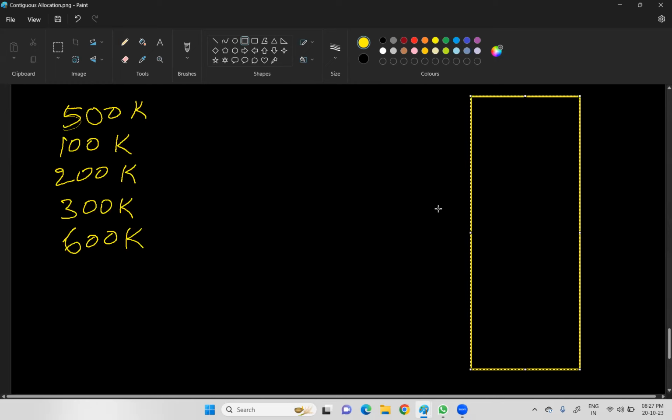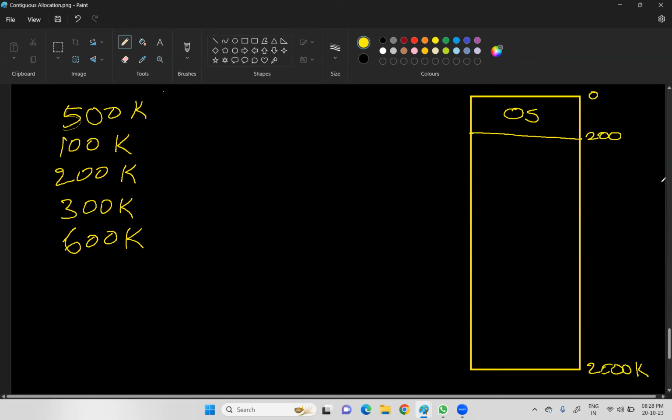Otherwise we can take 2000. Since I have taken 2000, the first 200 will be occupied by your operating system, 0 to 2000 kilobytes for our convenience. First 200 is considered as where the operating system resides. This is 200. And the question will continue.